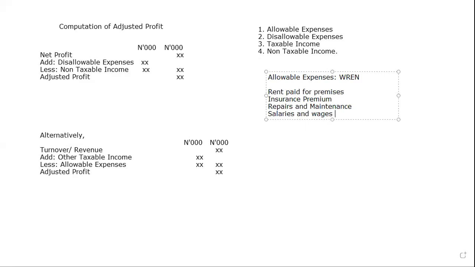The next thing, salaries and wages and other pension, that is allowable, under the Pension Reform Act 2014. Then specific provision for bad debt.